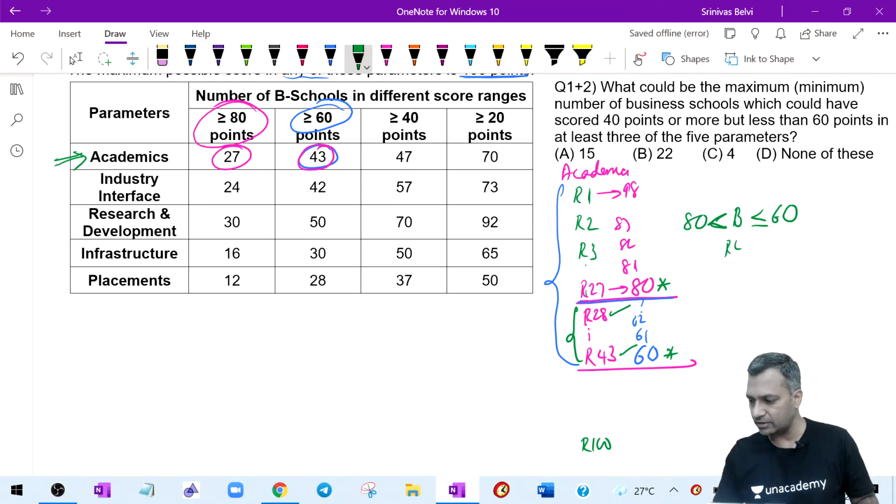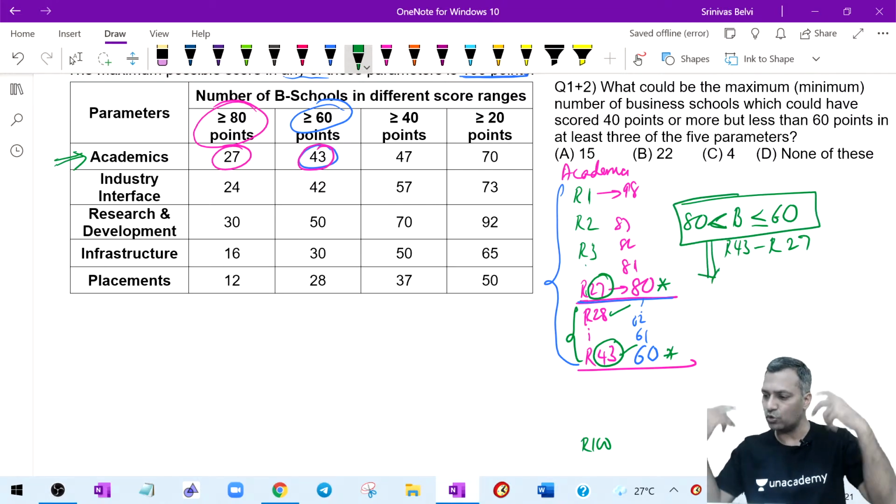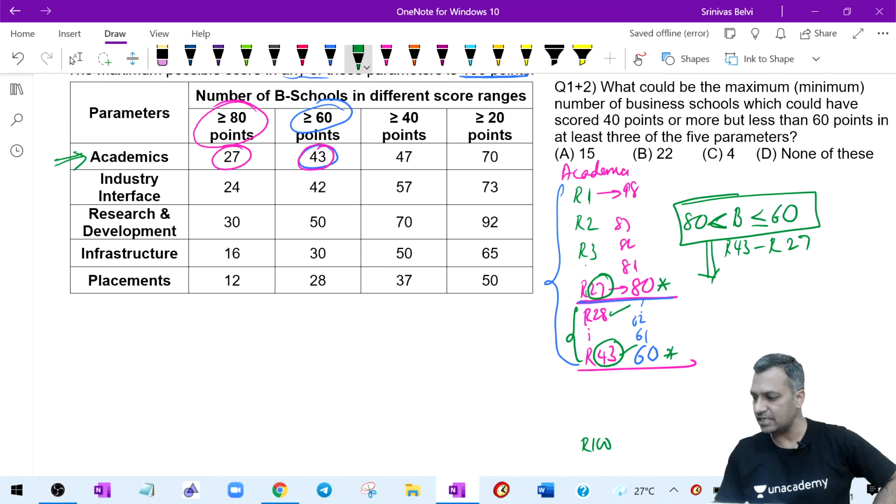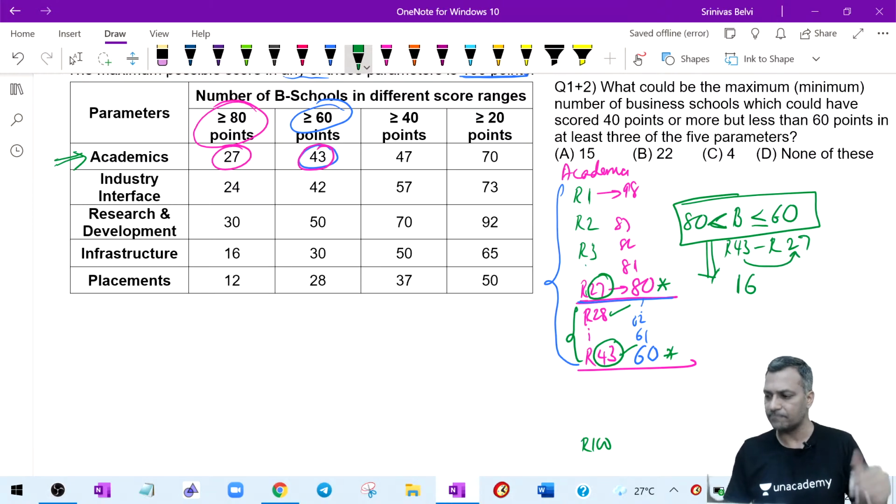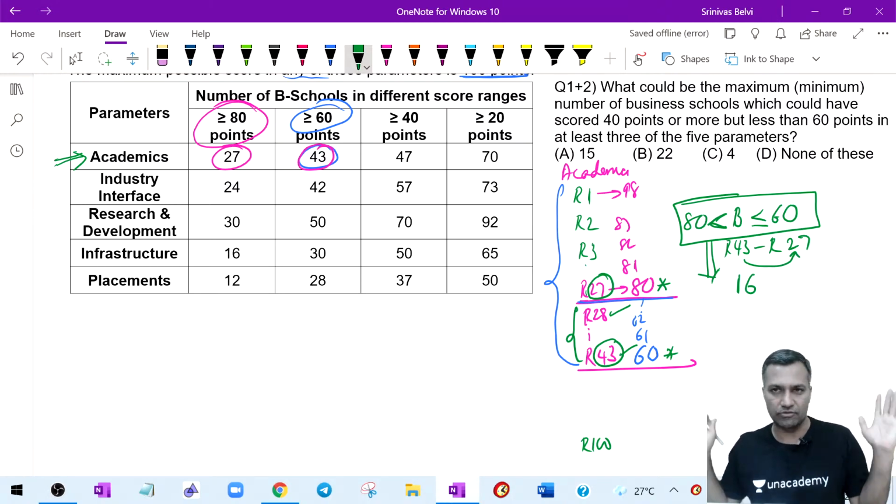Rank number 43 minus rank number 27. I remove rank 27 from 43. The number of B schools which got between 80 and 60 is nothing but 16 B schools. That's the basic understanding of this particular set.